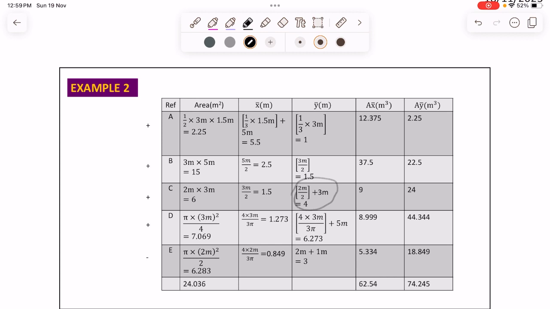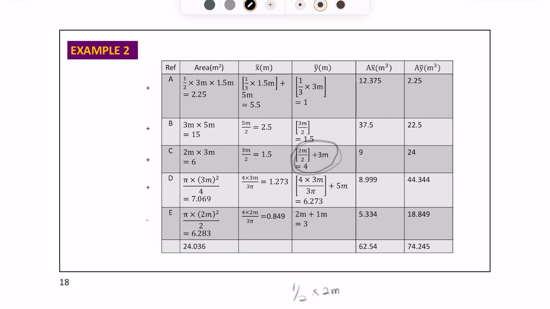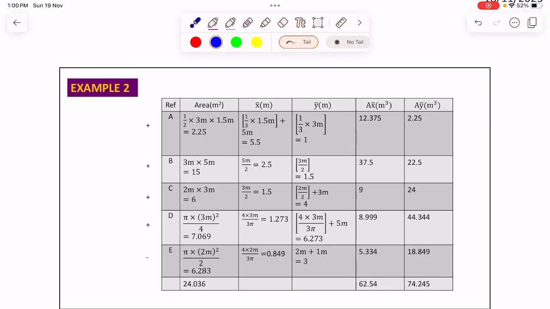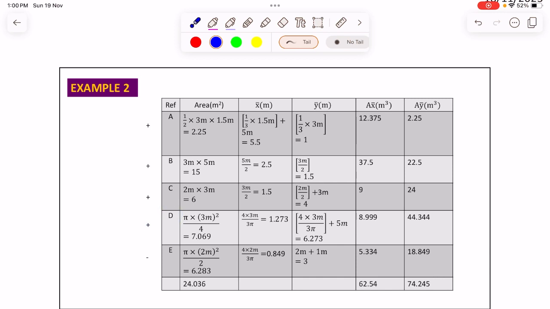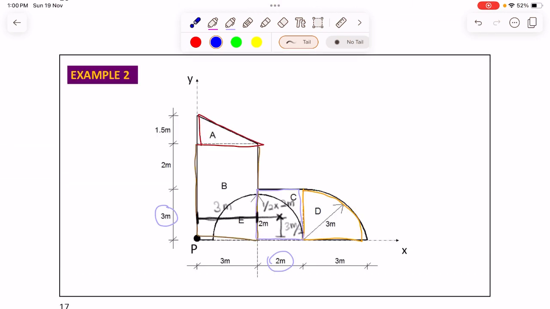Or it's the same if I write 2 meter divided by 2. It is 1/2 times 2 meter. Same thing. Plus 3 meter. It is equal to 4 meter. You can get the value of AX bar and AY bar by multiplying the area with the x bar and y bar respectively. For the fourth section here, section D, we have a quarter circle.